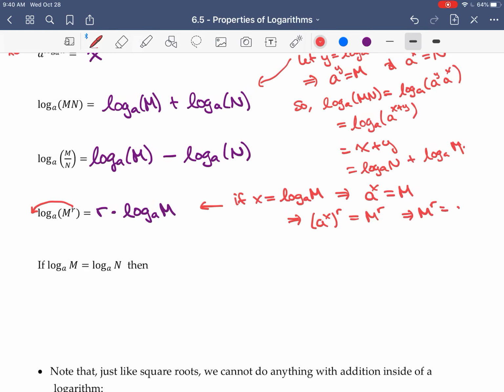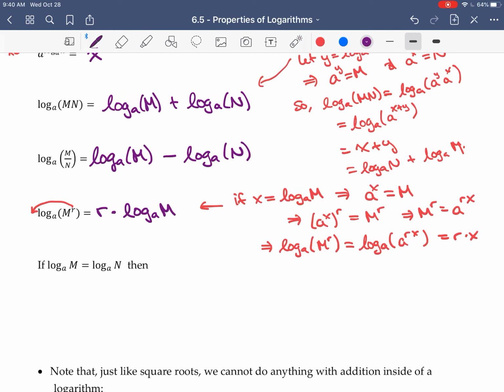So m to the r is a to the r times x, which means log base a of m to the r is log base a of a to the rx, because m to the r equals that, which is r times x. And x was the log. Okay, so that's why you can bring that down. It only works if the power is on everything inside the log. Okay, so that's the only time you can do it.